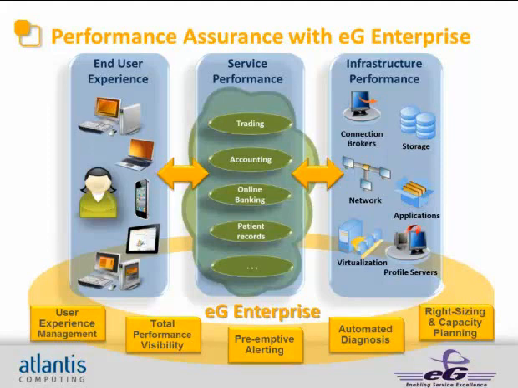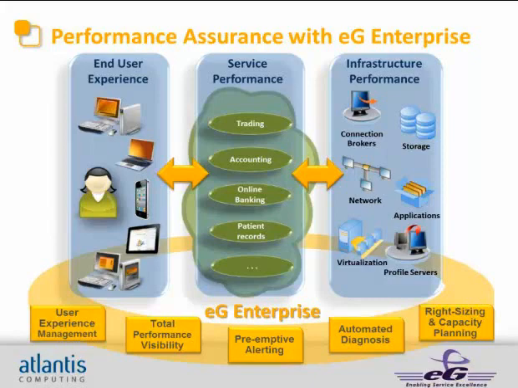Our ability to bring all of this together as a cohesive entity gives us the ability to correlate across these different disparate pieces in infrastructure and services being delivered, and helps you assure performance in your environment to your users' benefit and to your IT staff's benefit.